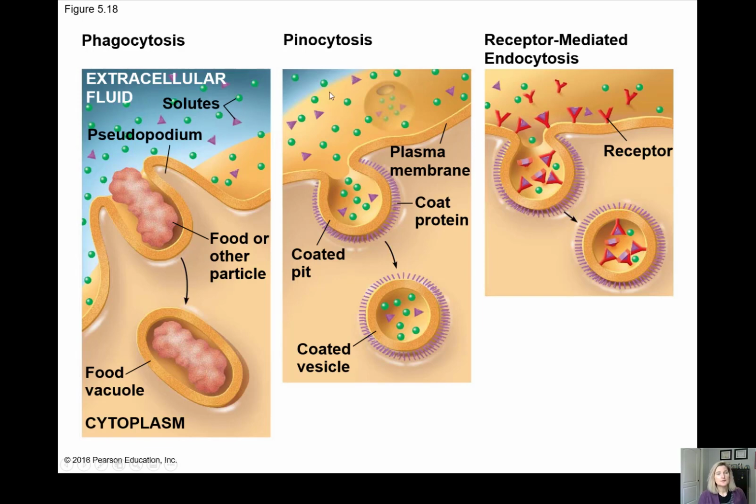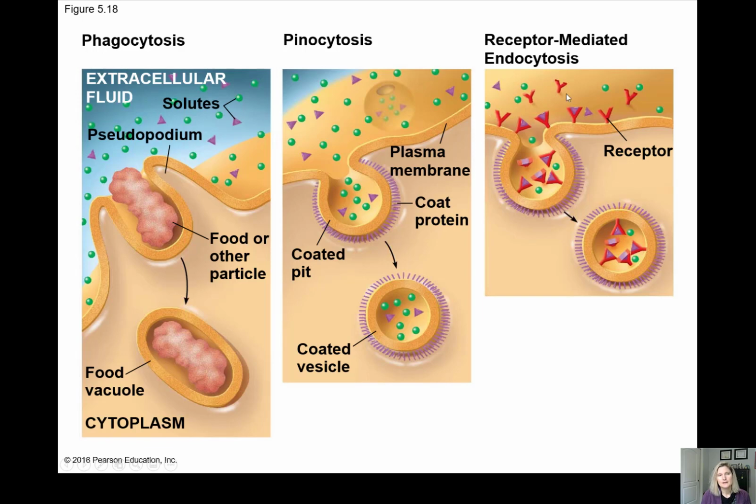In pinocytosis, it's a little bit different in the sense that we're going to have a special coated protein that's going to allow certain solutes to enter the cell that are not necessarily large. Okay, so it's basically bringing in something smaller, but through the same mechanism where we're creating this transport vesicle instead of it just going through a protein.